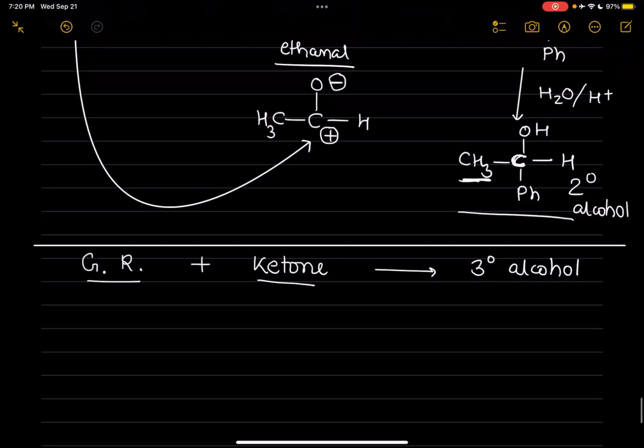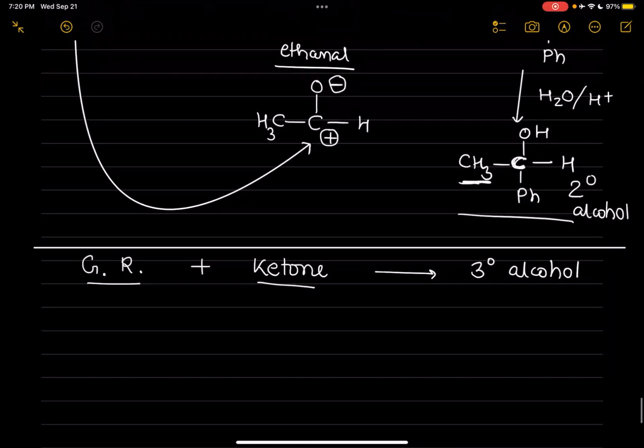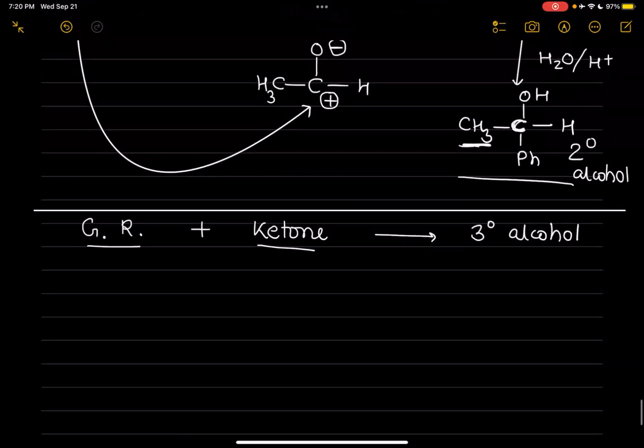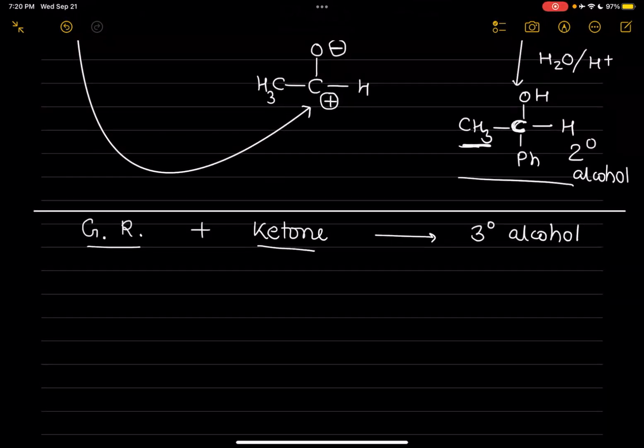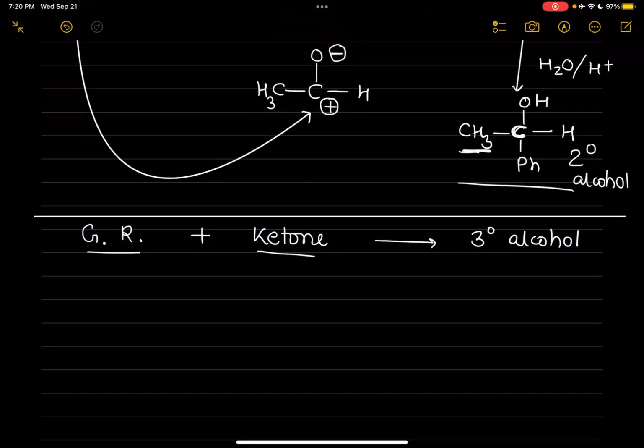How has the tertiary alcohol formed? You can give it a little try, I will explain. Imad, you can also contribute.